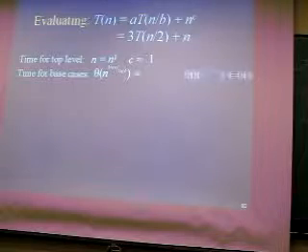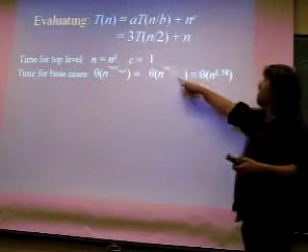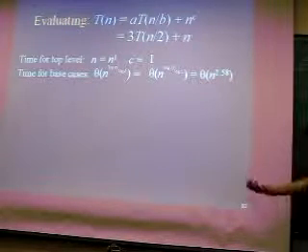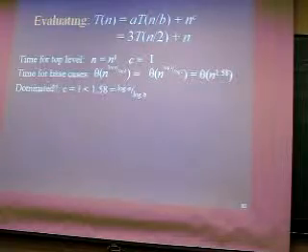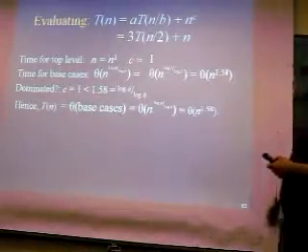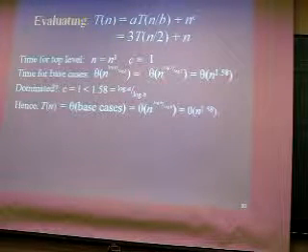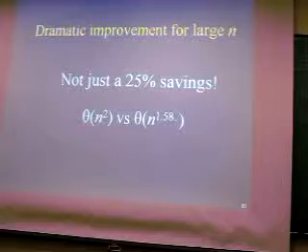What's log a over log b? Well, this one's a little harder to do, but it turns out to be 1.58. Then, which of these is bigger? Well, it's dominated by the base cases, so that's the answer. Everybody good? And we have a savings.